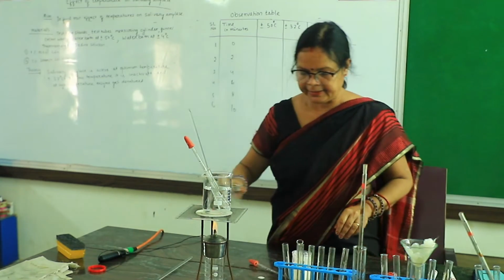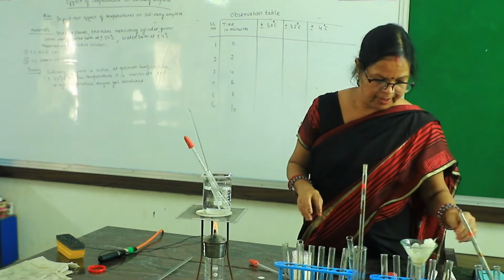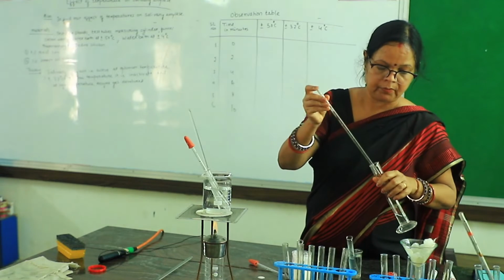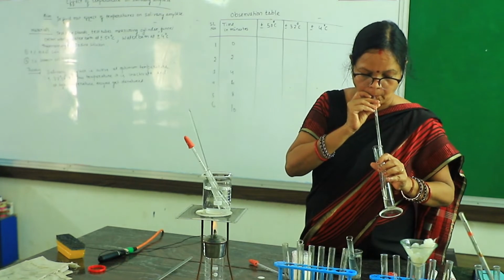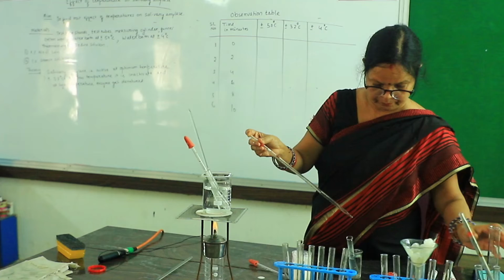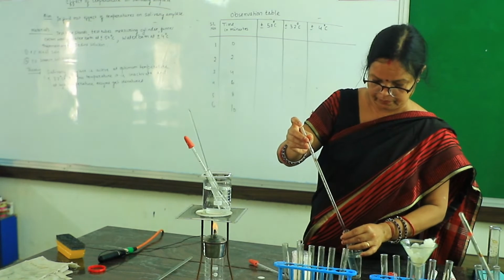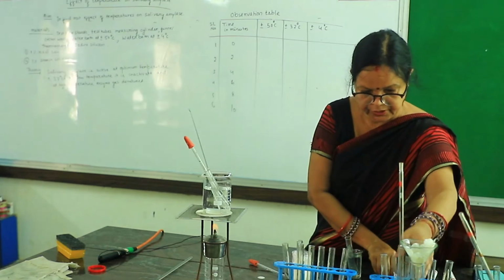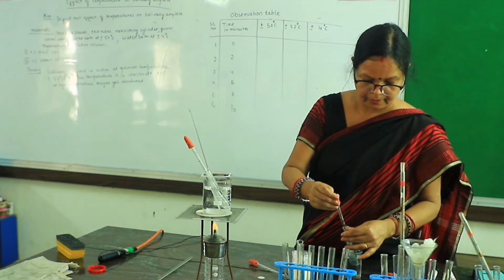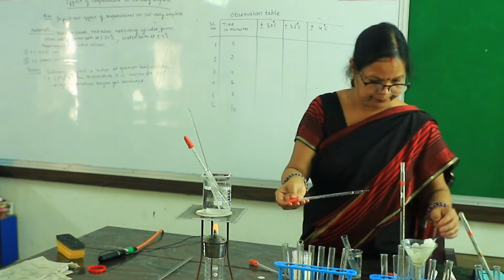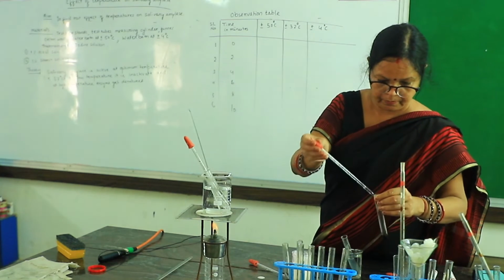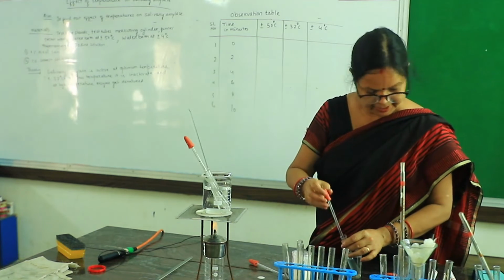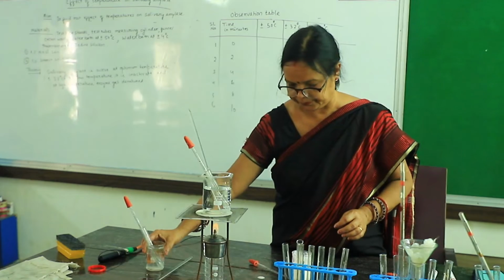Then you take 37 degrees centigrade, the normal temperature, and add salivary amylase. Then take it for the 0-minute test. It turned blue black. Then after a 2 minute interval, we'll continue.